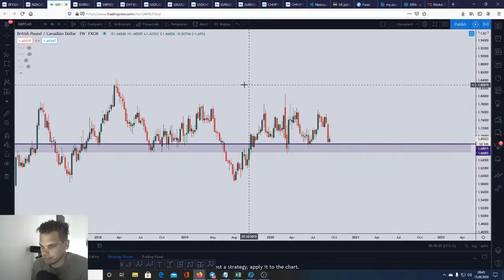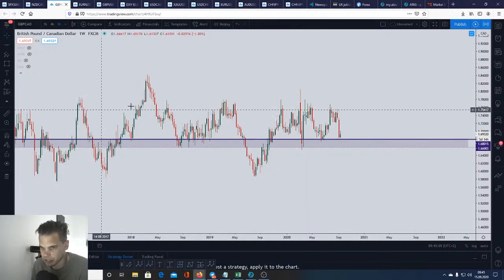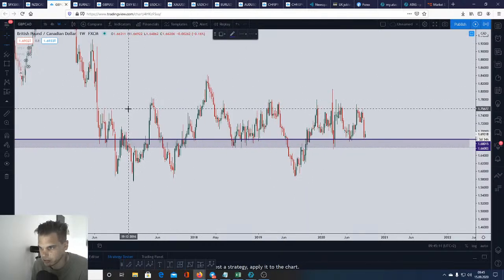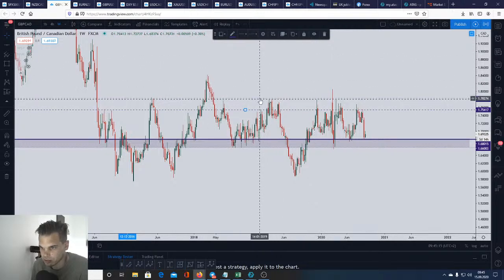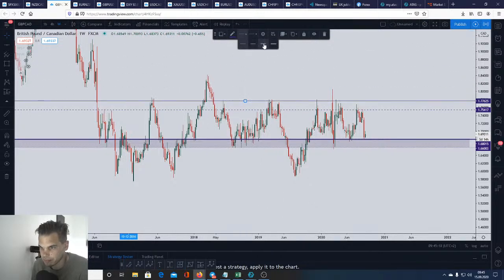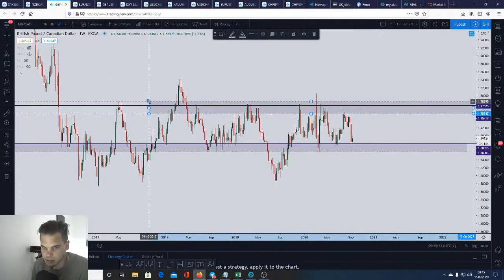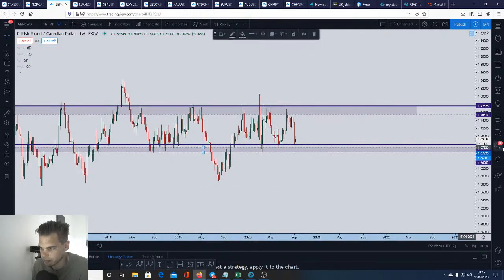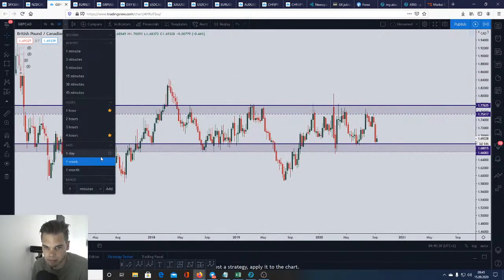When I look at this entire structure, you can see it's not trendy at all. It's just ranging. This is the range. There's one resistance and a second one here. So we have a resistance zone here and a support zone down there. That's kind of it. It's not trendy at all.